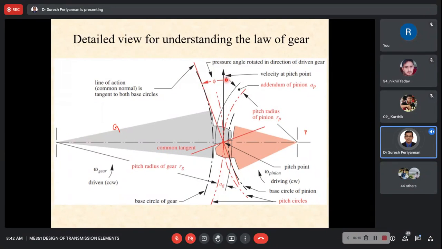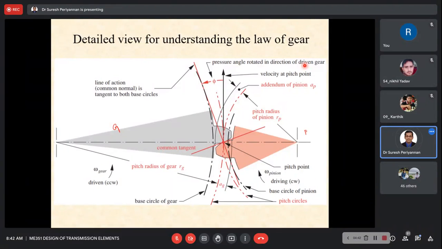We have drawn the common normal. What is the angle between this common normal and this perpendicular line? That perpendicular line is the velocity at the pitch point. This angle represents the pressure angle, rotated in the direction of the driven gear.